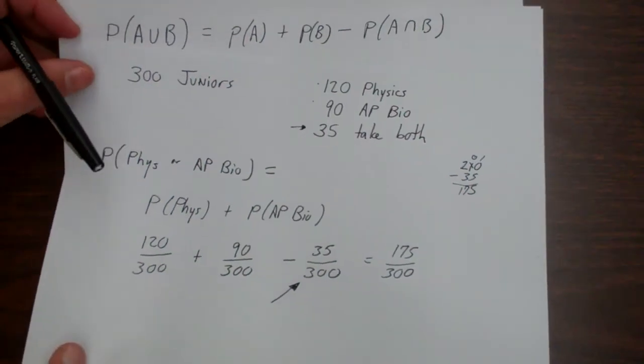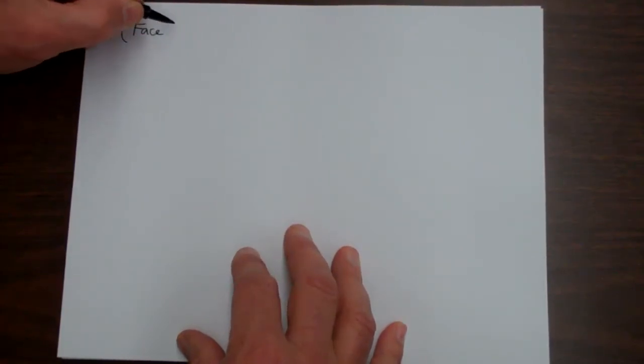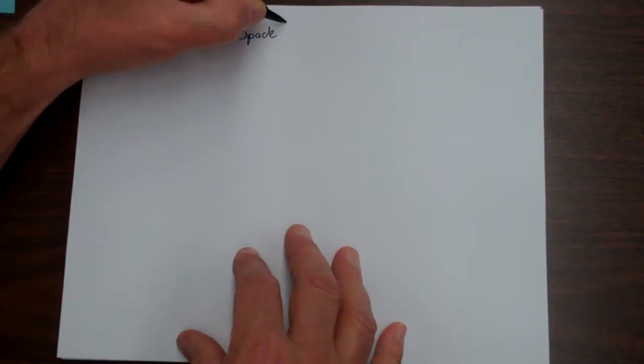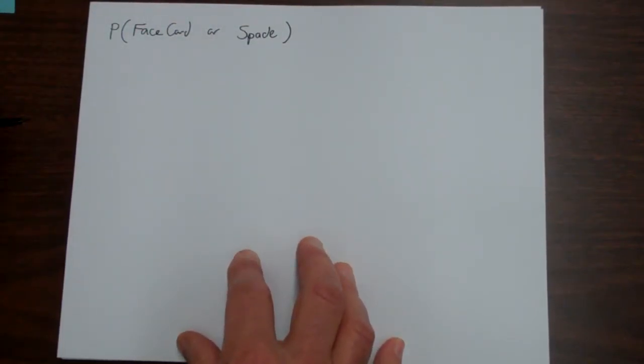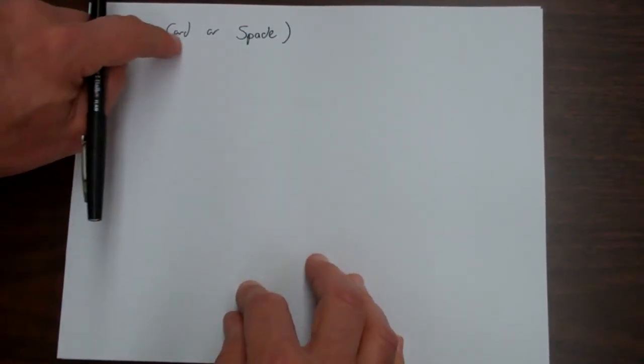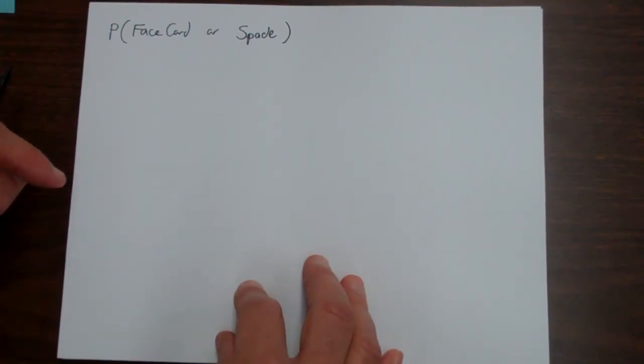Let's do one more example of that. Here's the most classic example, and that is, let's say we're playing a card game, and you win if you get a face card or a spade. What you'd like to know is the probability of getting a face card or a spade.